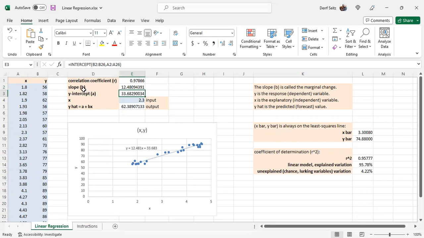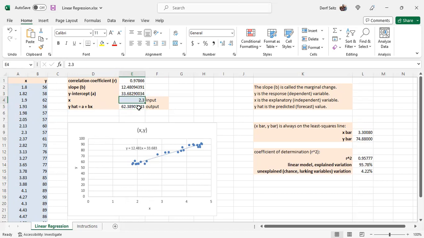Those are called B for the slope and A for the intercept in statistics terminology. The forecast or prediction line is shown down here, y hat. Normally it's a little hat symbol over the y. In text, y hat is A plus bx, A and B being these values.